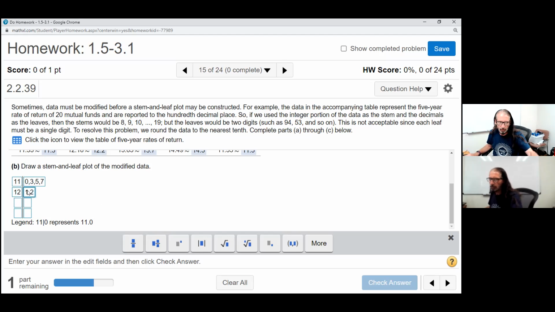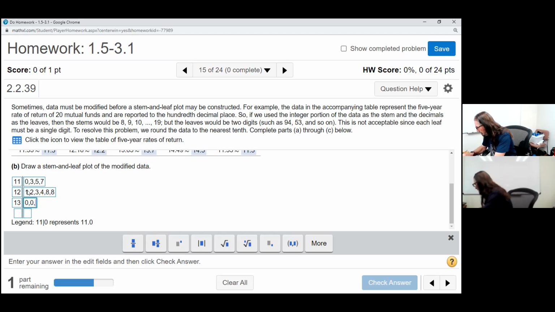So we've got 12.1, 12.2. 12.3 and a 12.4, and then a 12.8. Another 12.8. Repetition must be accounted for. You can't leave it out. We need all those 20 scores represented. Then we see the two 13s, which are 13.0s, followed by 13.5, 13.7.